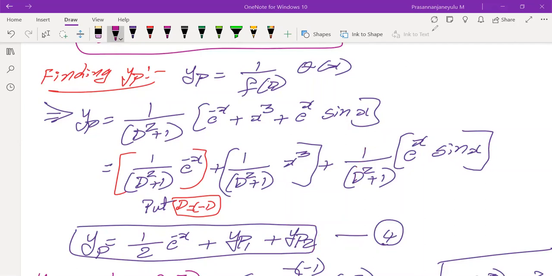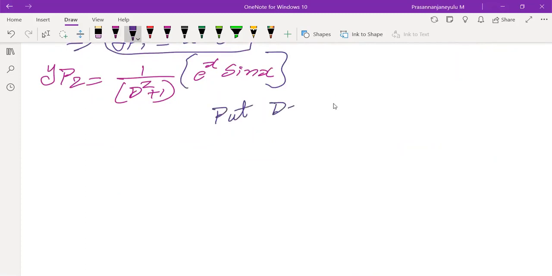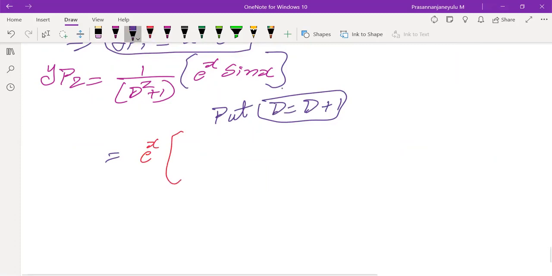When we take this one, if we observe, it is in the form of type 4. Whenever it is in the form of type 4, according to our knowledge, we have to substitute D equals D plus a, which, what is the a value? 1 in the denominator. Then the role of e power x completes. Then we have to write e power x as a prefactor of 1 by D plus 1 whole square plus 1.